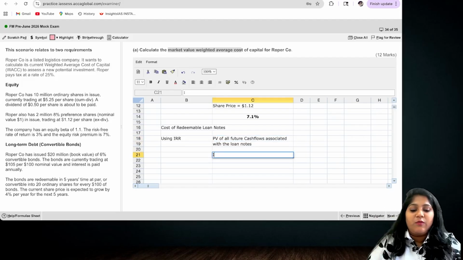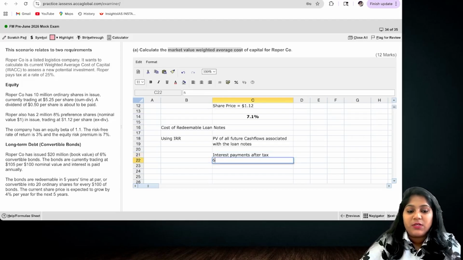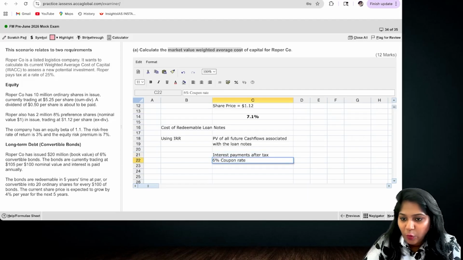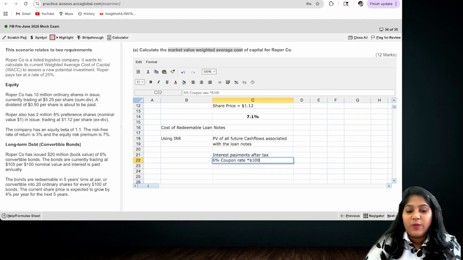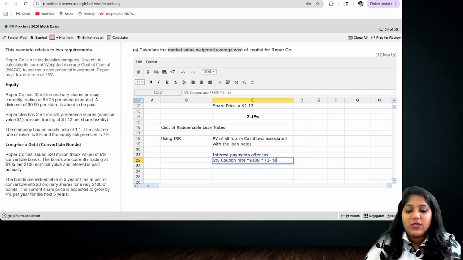So very simple. One is interest payments, but interest payments after tax is what we have to consider. How much is it, guys? We pay interest at a 6% coupon rate, so 6% into $100, assumed as your nominal value, into 1 minus tax rate. What is the tax rate, guys?